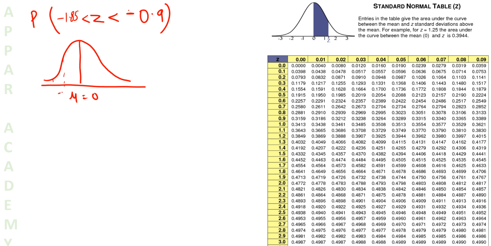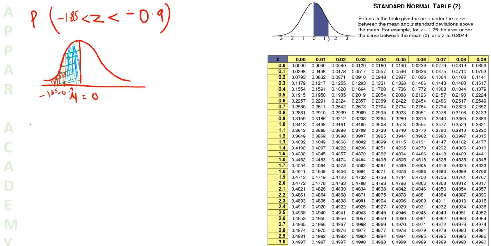Now in order to find the probability between minus 1.85 and minus 0.9, let's just mark the 2 points. This is minus 0.9 and this portion is minus 1.85. So again, this region we need to find. Can we do similar work? This bigger region minus this smaller region. If we subtract this small blue region from this green region, we get this red region.